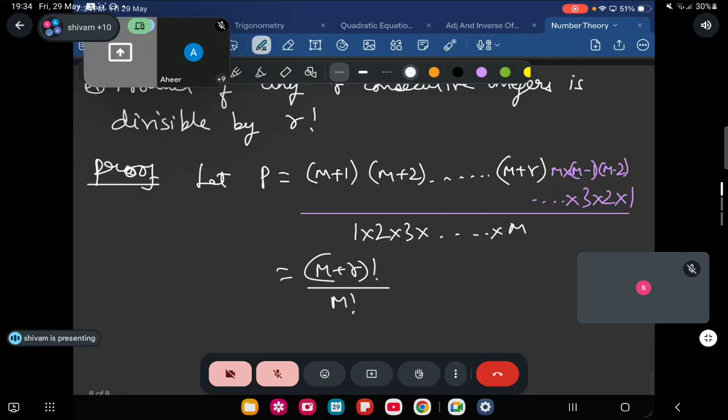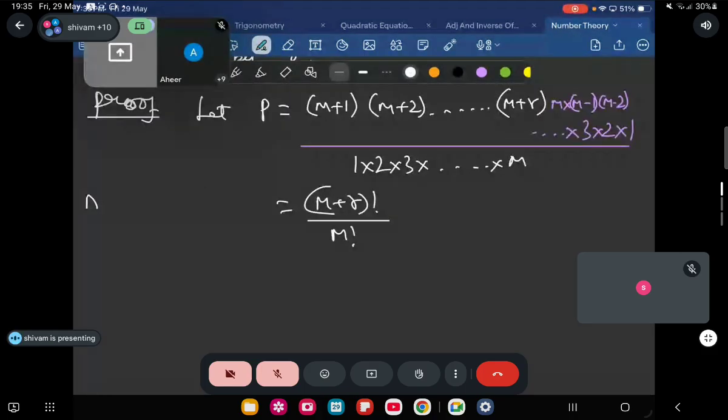Just now we have done the expression for nCr, right? Just now I have defined nCr. nCr is n factorial divided by r factorial into n minus r whole factorial. Okay.